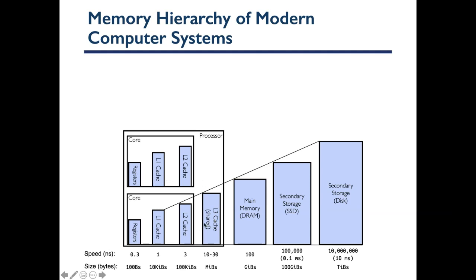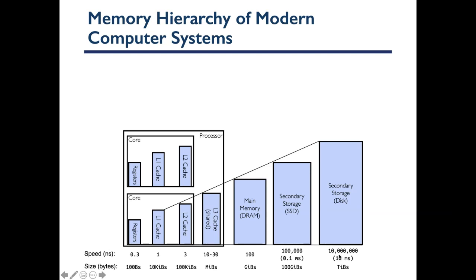Then you go to memory, then you go to the secondary storage, and probably you'll go to another secondary storage. If you look at the speed in nanoseconds, the registers are the fastest. As we said, the smaller they are, the closer they are to the processor, the faster they are. And as you get to the bottom of this list, you get really slow storage mediums.